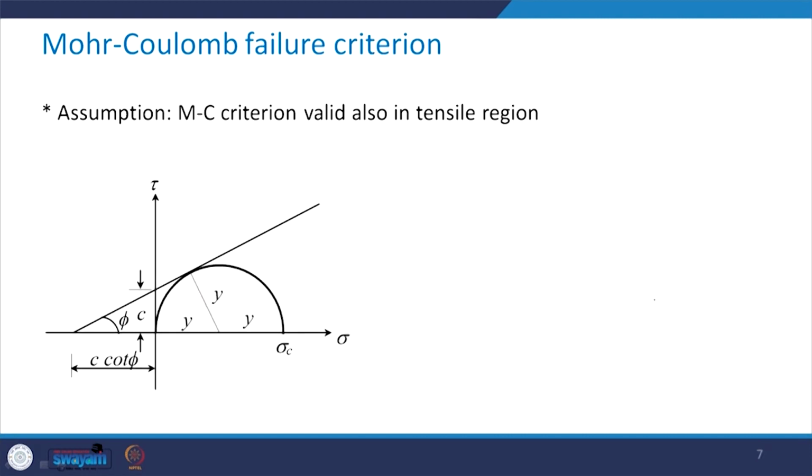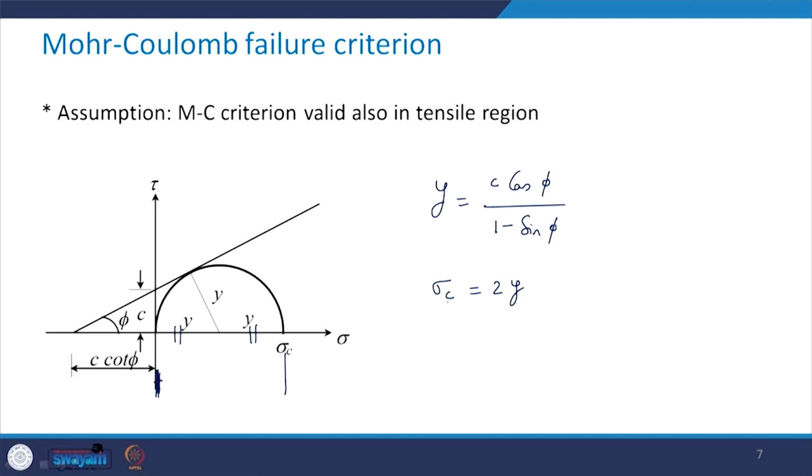Similarly, for the uniaxial compressive strength test, we have y equal to c cos phi upon 1 minus sine phi, and in this case sigma c will become equal to 2 times y, because this distance is y and this distance is y, and from here to here the distance is sigma c.